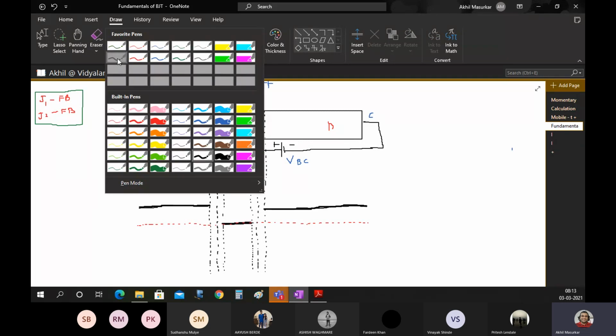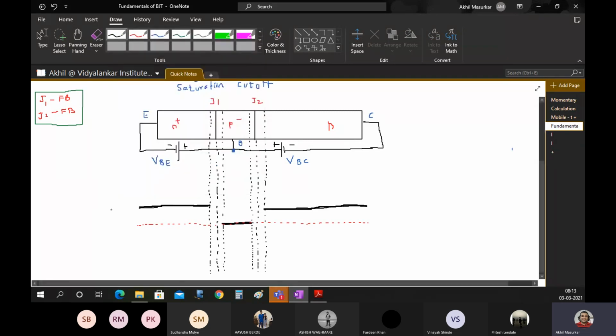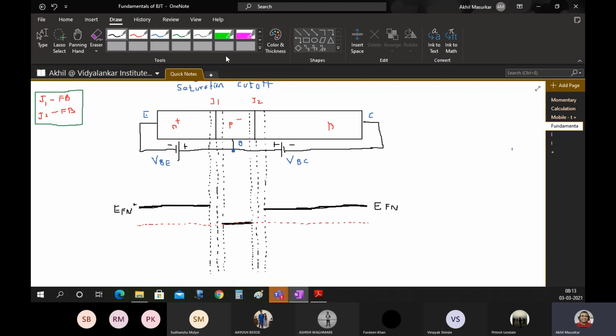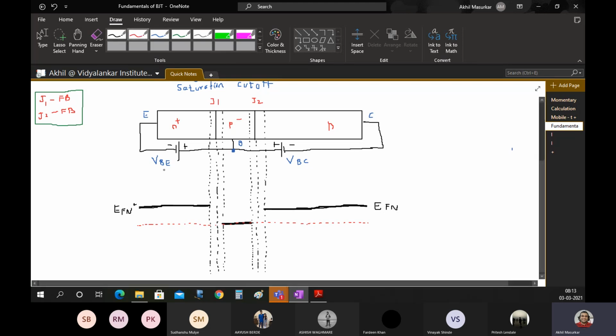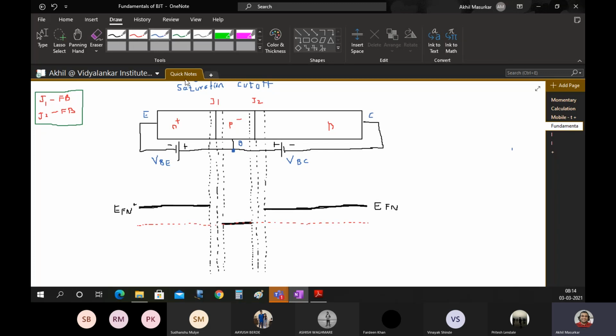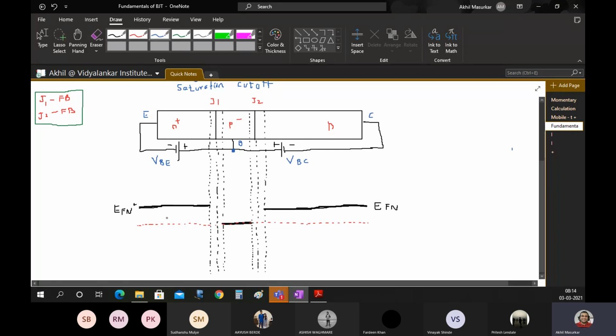So this is EFN of the emitter, so I'll write EFN plus, and this is EFN of the collector. And now based on this, we will try to maintain the integrity of both emitter and the collector and the base regions.